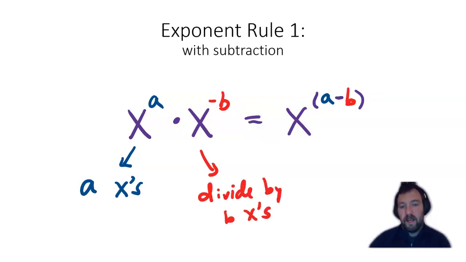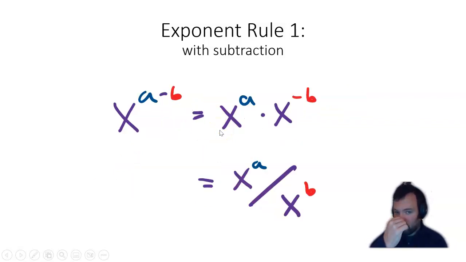That's the first one. I can do it again with subtraction, and there's a slight extra step you have to take here, but it comes from just understanding what a negative exponent is, right? So we just did x to the a plus b over here. What if it was now x to the a minus b? Well, nothing really changes. Subtracting is the same as adding the negative, right? So I can use the first rule again and just say, look, it's x to the a times x to the minus b. But if you understand that x to the minus b really means divide by x multiplied by itself b times, then you can rewrite it a little more cleanly like this.